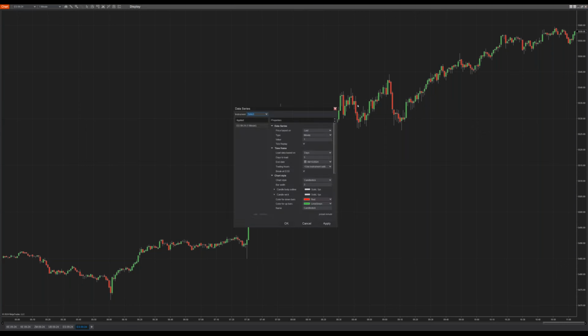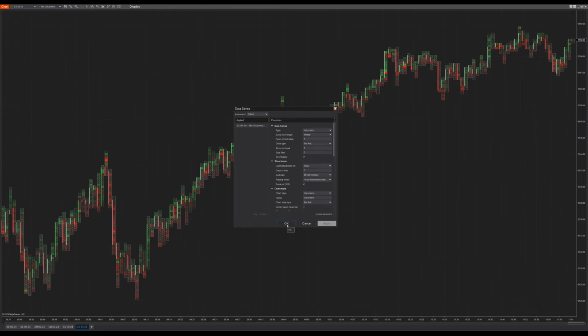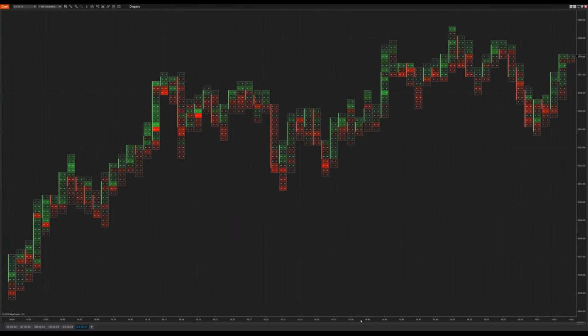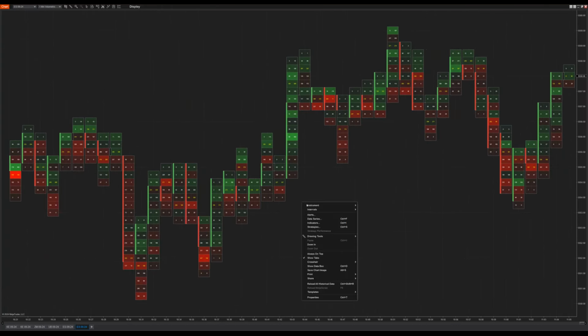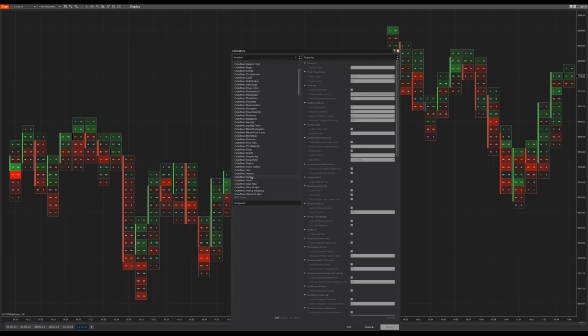This is the NinjaTrader one, which is kind of basic. Let's add the toolbox on there and just keep it simple.